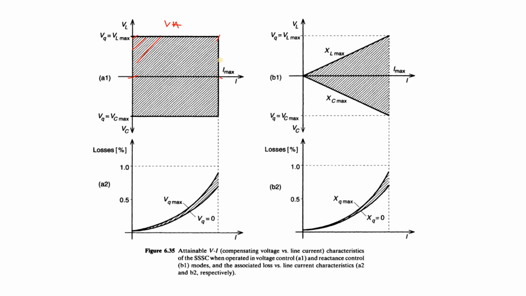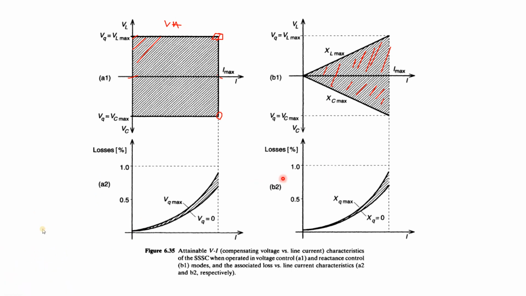So it can work from here maximum up to here. This point is the VA rating, the maximum value for the inductive mode and the capacitive mode. And this is the line reactance. Reactance will be this, because VL by I will give us this reactance. This is VC max by I max, so this is XC.